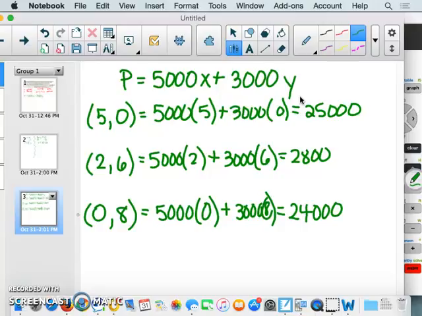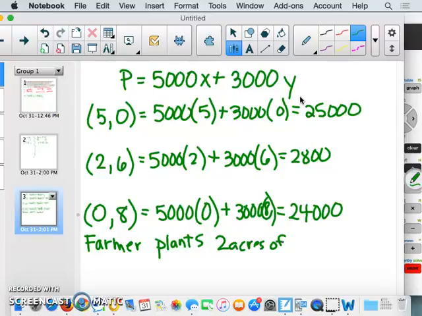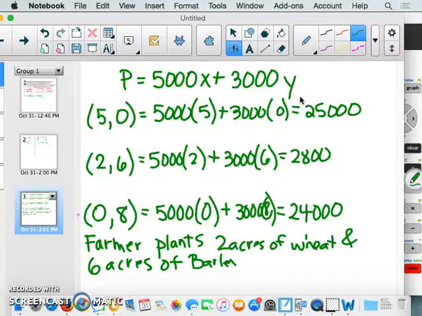So my conclusion for this would be the farmer plants 2 acres of wheat and 6 acres of barley. And he can get a profit of $28,000.